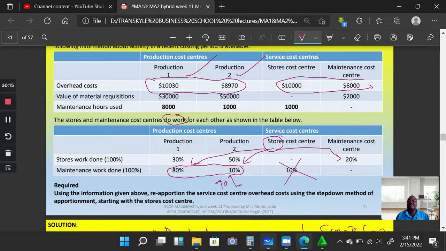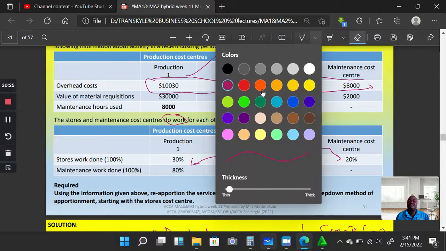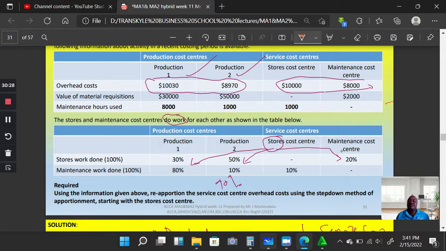As you can see, maintenance was servicing these guys, giving 10%, 10%, and 80%.